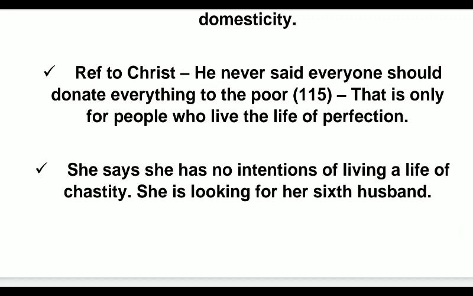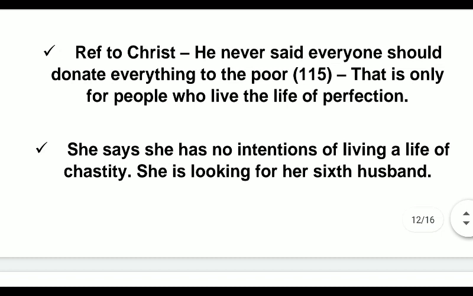And she says that Christ never said that everyone should donate everything to the poor, and that practice of Christ is only for people who will follow the life of perfection. It's not that everyone will donate everything to the poor; it doesn't work that way.